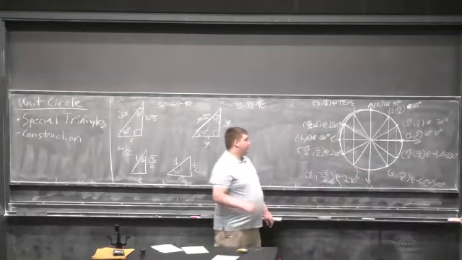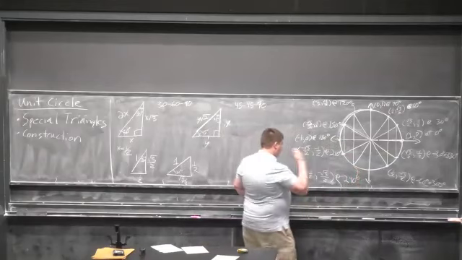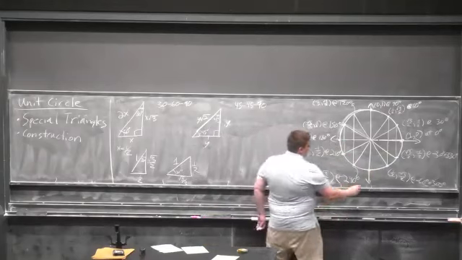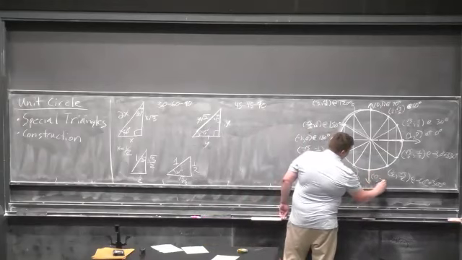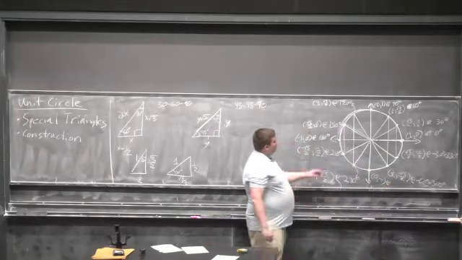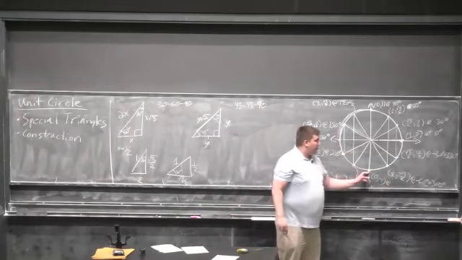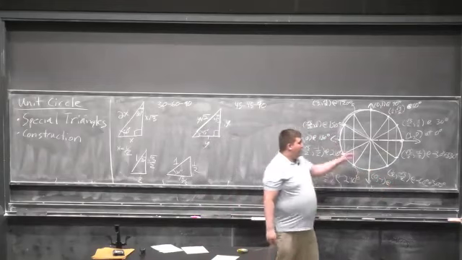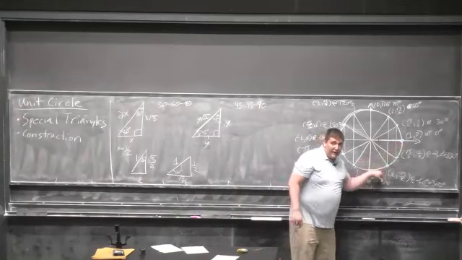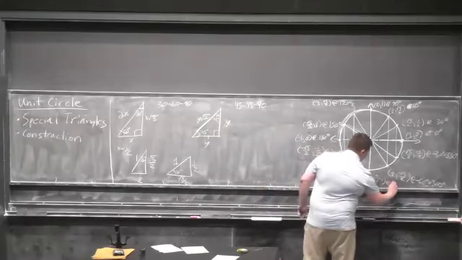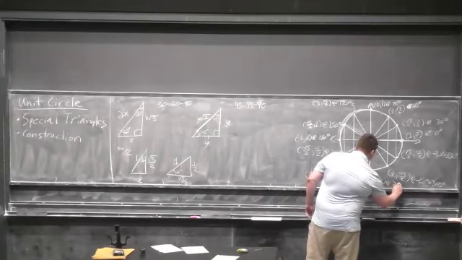That's what that point is. The point down here is 0, -1. And this is at 180 plus 90. We could also think of this as 360 minus 90. And we get 270 degrees.